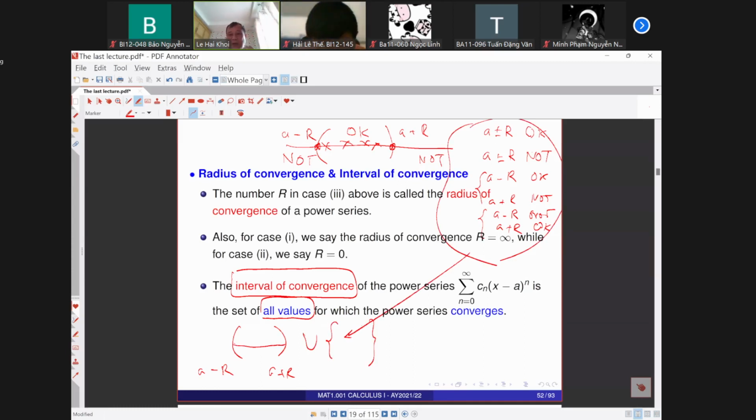So which means actually you can have the interval of convergence open if both endpoints are divergent, closed if both endpoints are convergent, and half open, only one side you include. So then pay attention when you are asked to determine, for example, in your final exam, the interval of convergence of some power series. You should find first R and then you look at the endpoints.